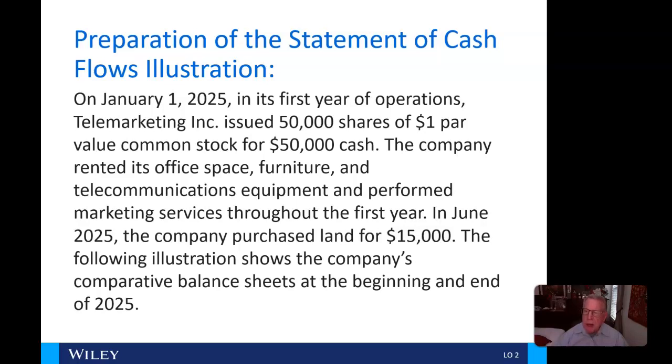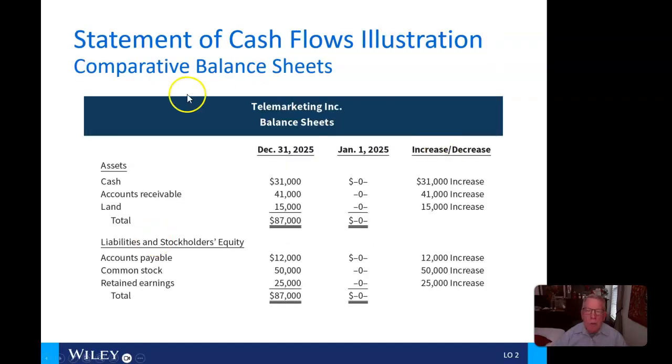In June 2025, the company purchased land for $15,000, and the following illustration shows the company's comparative balance sheets at the beginning and end of 2025. So here is our beginning, and this is our ending, and here's our decrease.